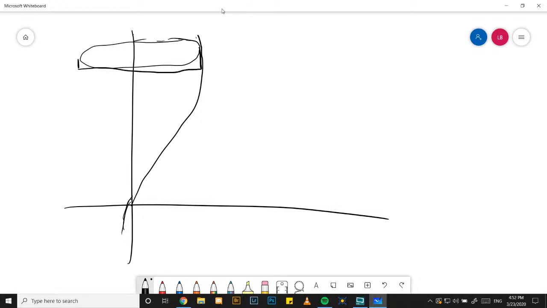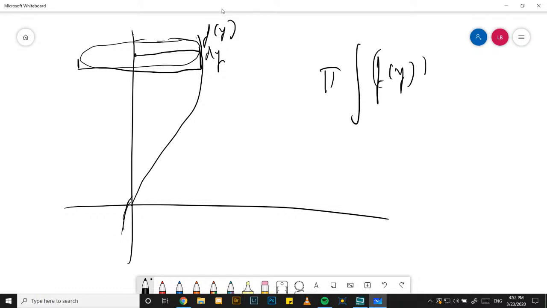That's a very bad cylinder, but I know it's just a cylinder. It has height dy, and it has a radius of f of y. So that means it's going to be pi times f of y squared dy, where dy is the width. This is what everything's going to be, and you're going to integrate all of these out. If you notice, it's the exact same formula. All you need to do is make sure you're using the correct function with the y, and that you're integrating with the same variable.